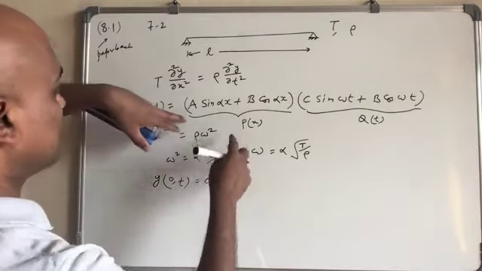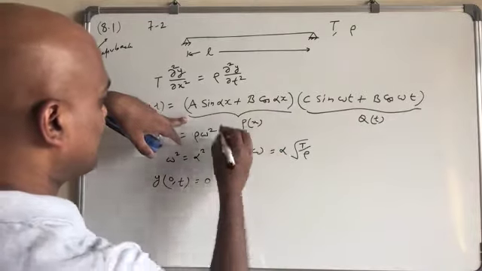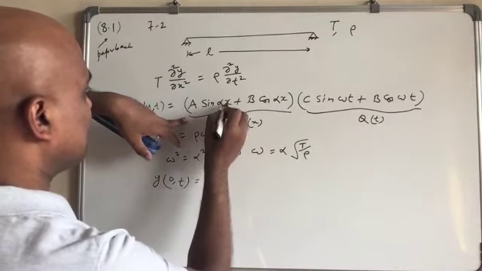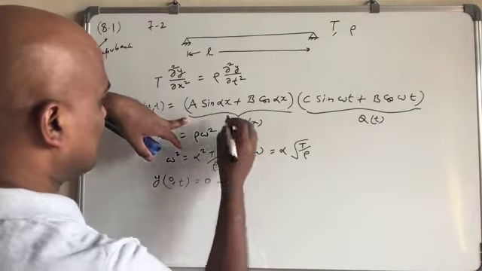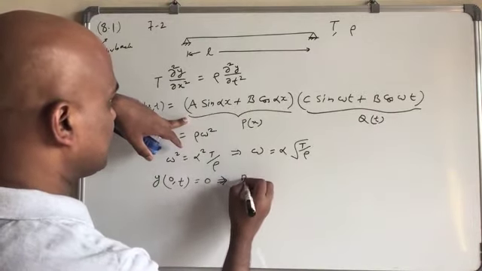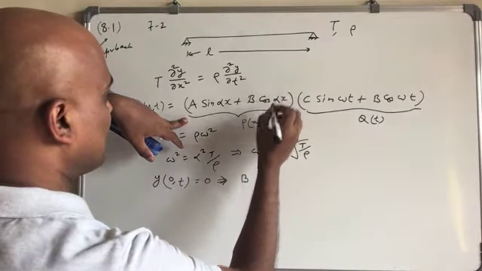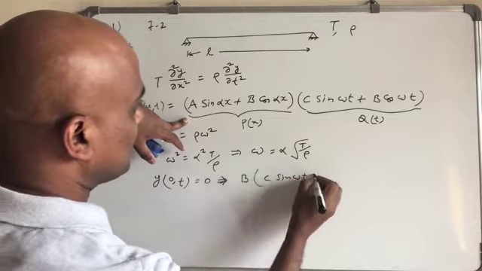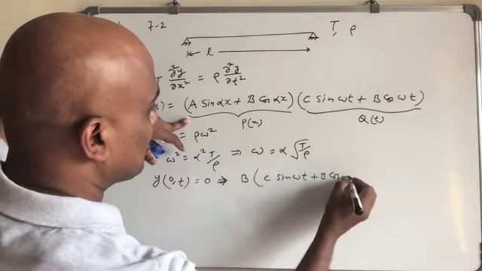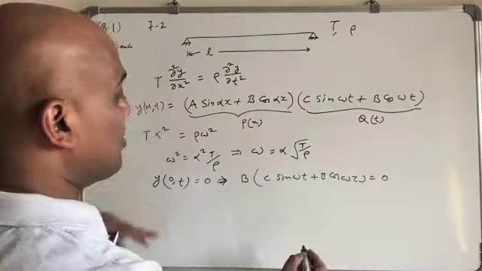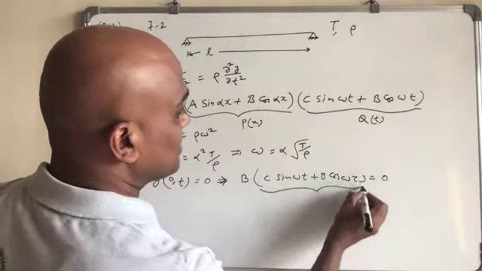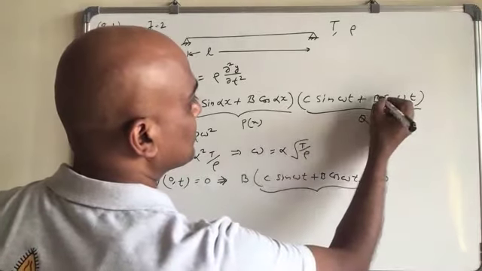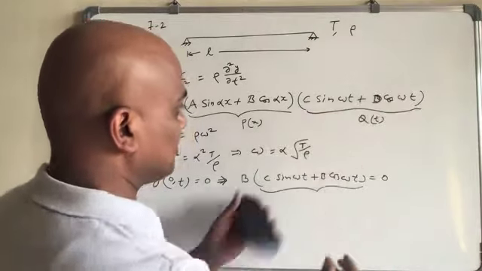That really means if you put the x value here, this term is gone. You put 0 here, so we get b times 0, you get just b, and then you have c sine omega t plus b cos omega t equal to 0. Now this can vary, right? This is a function of t only. Sorry, this is c, this will be a d, so this is d.